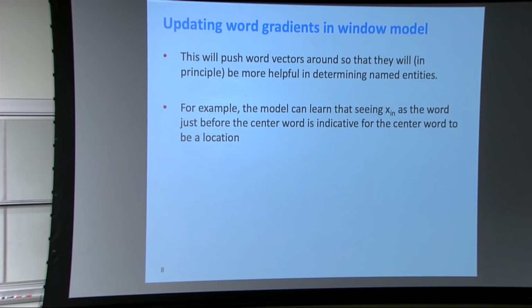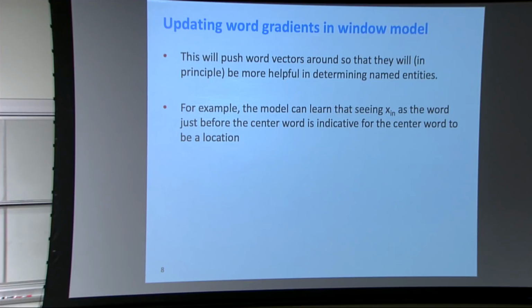Well, if we do that, it'll be just like all other neural net learning: in principle, we move the word vectors around in such a way that they're more useful in helping determine named entity classification in this case, because that was our motivating example.